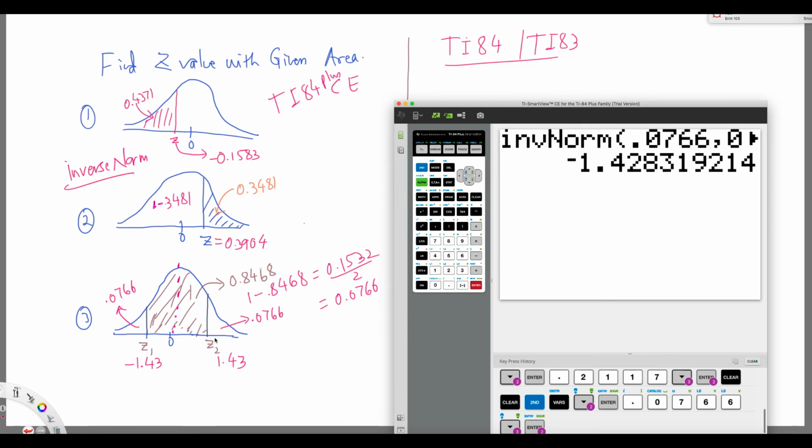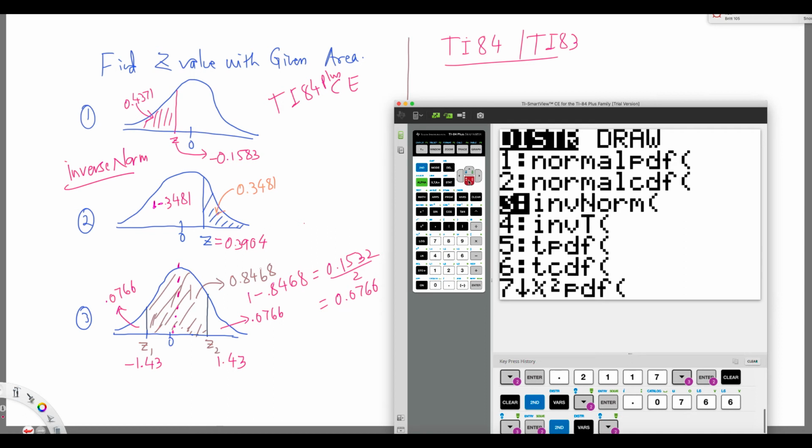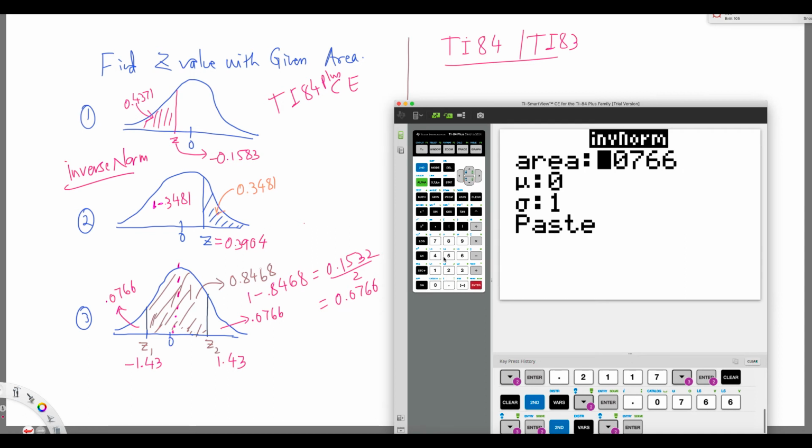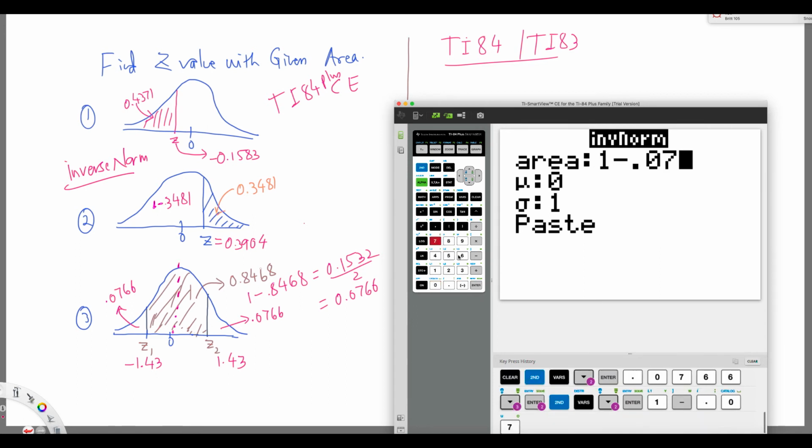Now to find out G2, you need the area left of G2. That is this plus that. This is one way. The other way is you can do 1 minus the right area from G2, which will give you the left area, right? So go to second inverse, inverse norm, and do 1 minus 0.0766. That means 1 minus this part is all the area left of G2, right?